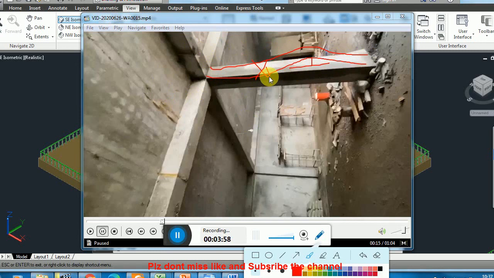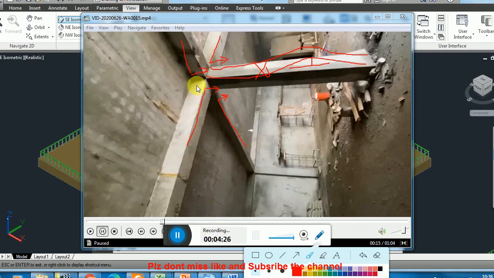Okay, so that's why we have to make sure that the capacity of the column should be such that it can support the load coming from this beam. Okay, the load coming from that beam. Clear? And similarly the load coming from this beam, and similarly the load coming from that beam. Remember, this is the way we are calculating the load coming from that beam, that beam, that beam.